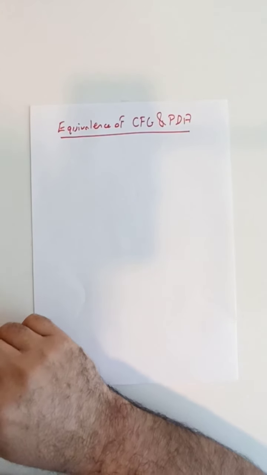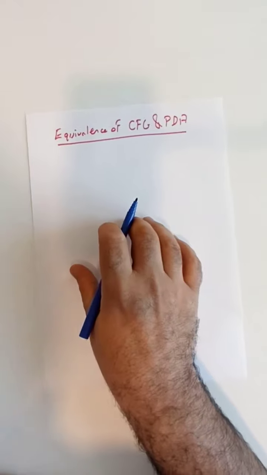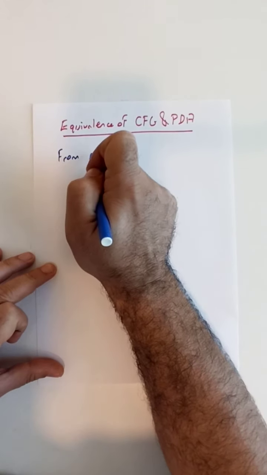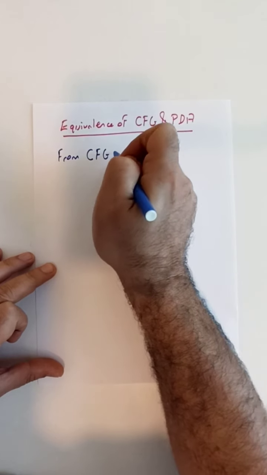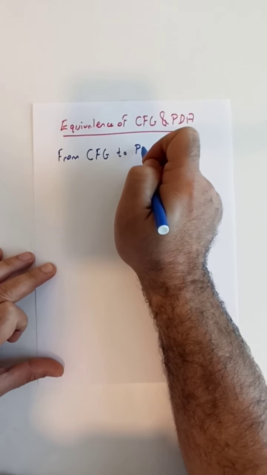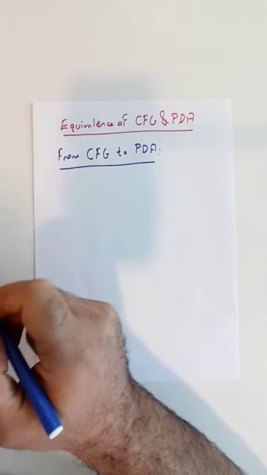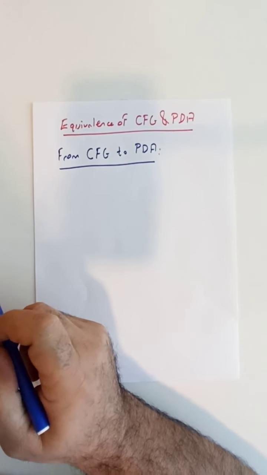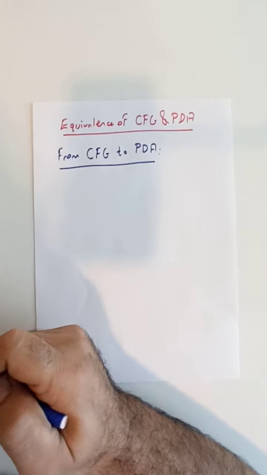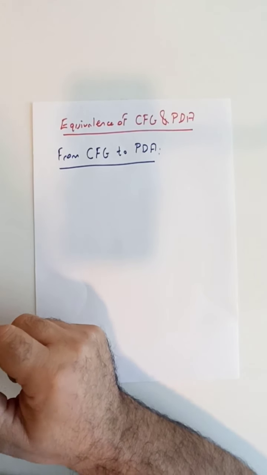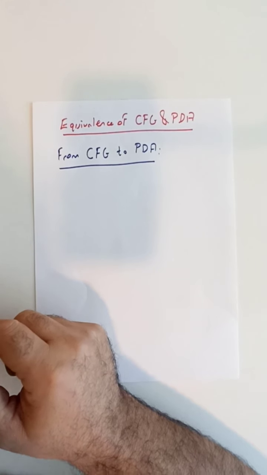Let's first start with the first direction, going from context-free grammar to push-down automata. For this, we will try to provide an algorithm that describes the main steps for converting a given context-free grammar to an equivalent PDA.